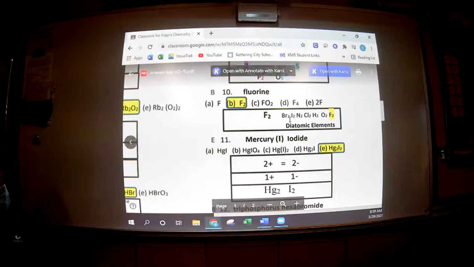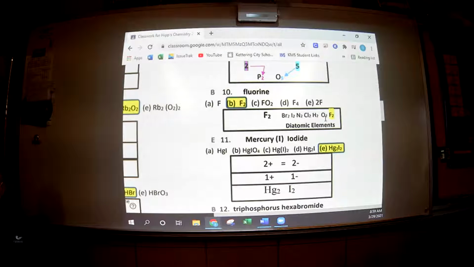Do you remember the diatomic elements? That was back in August when we first saw that. It all comes back again. The beauty of the subject of chemistry. Question on number 10? Yes.